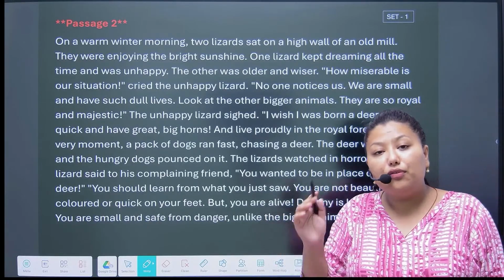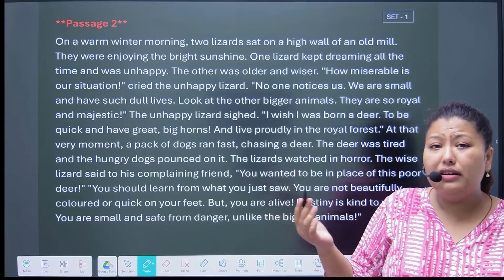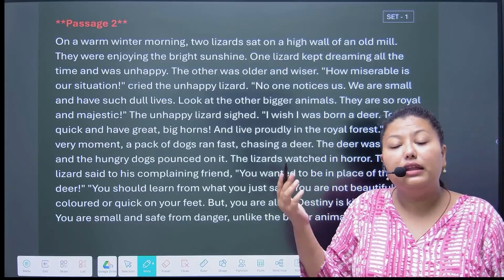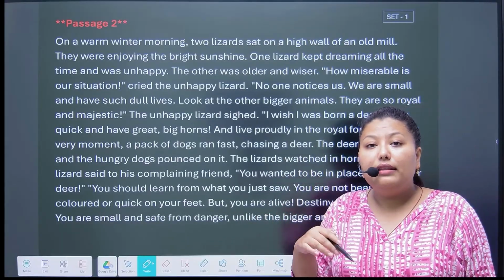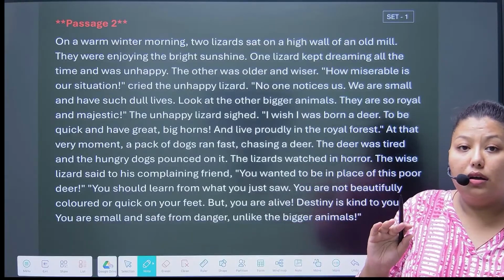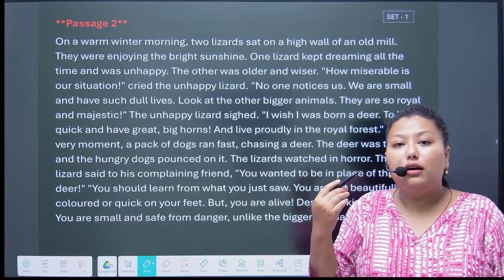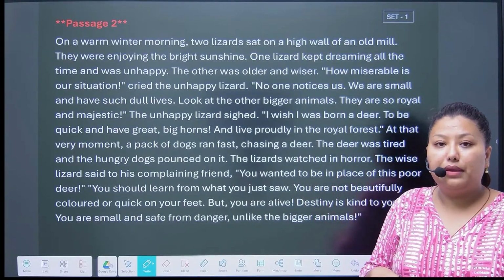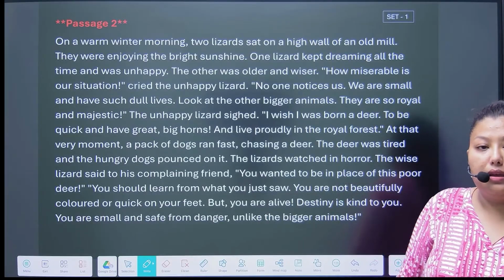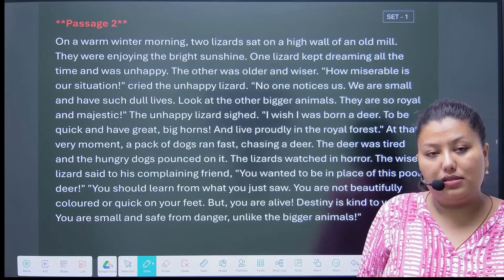So he was saying, if you were a deer and you were beautiful, then that pack of dogs would also chase you and eat you. So be thankful. You are small and safe from danger, unlike the bigger animals.